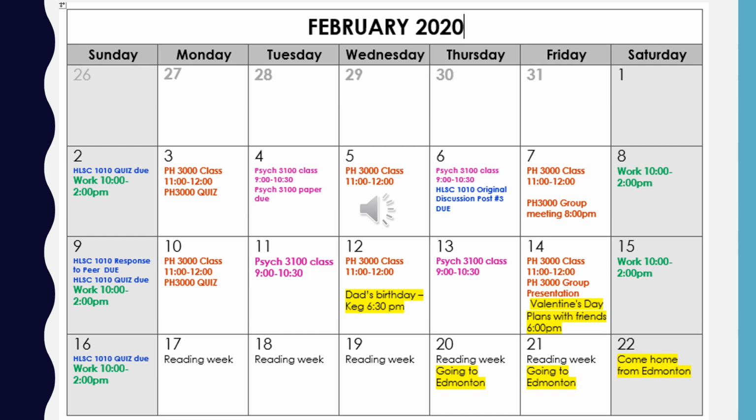In this example, I used a color coded font grouping the fictional information together. So, for example, work would be in green font. The Public Health 3000 class is in red font. The Health Sciences 1010 class is in blue font.